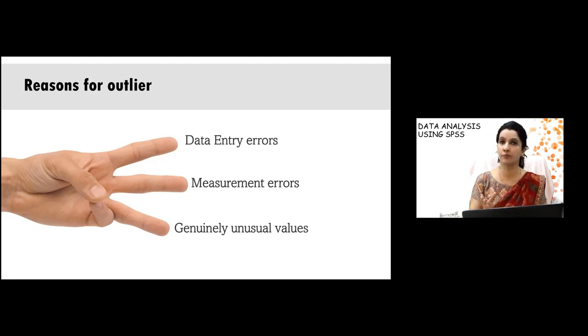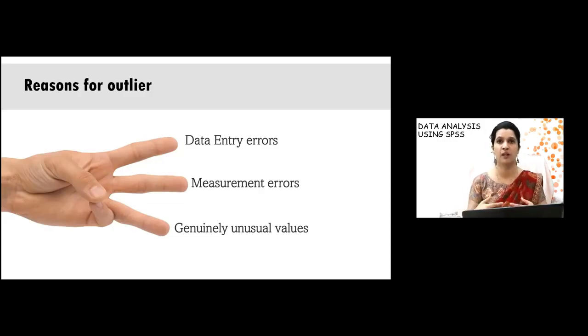The second could be measurement error. Is the tool which you are using sensitive enough, or is there some problem with that tool? Many a times in the lab, if there is a change of reagent, or calibration has not been done properly, the values come abnormally large or abnormally low.